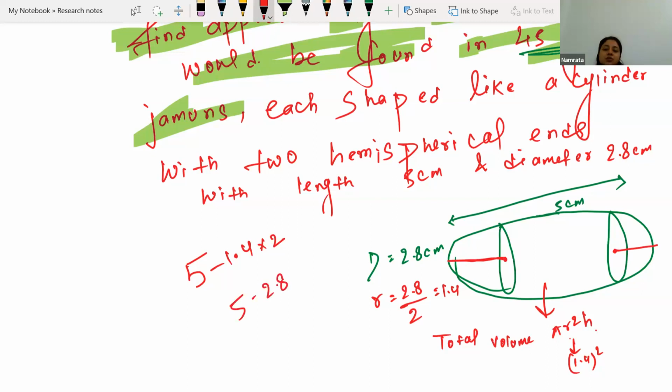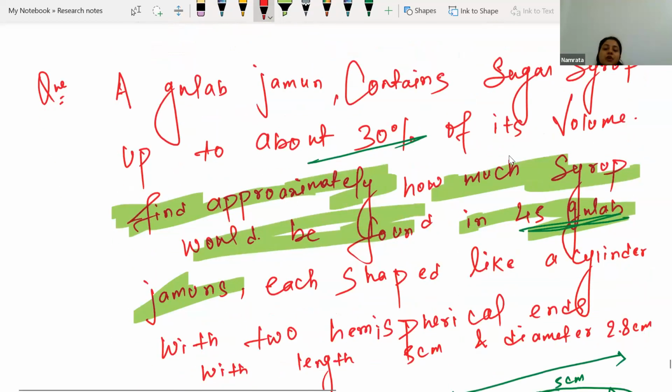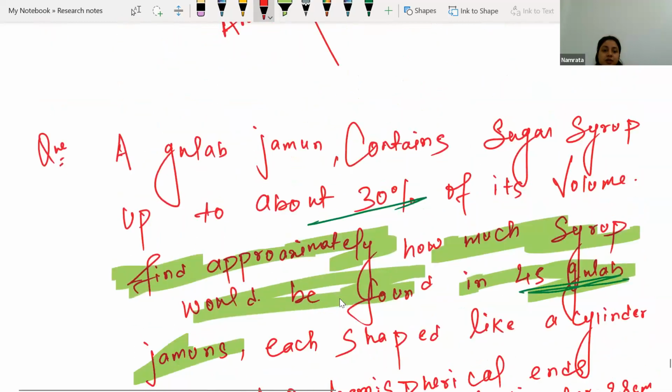Once we find the total volume, we just have to find the volume of 45 gulab jamuns, right? After that, one more step will be there, because it says that the gulab jamun contains sugar syrup up to about 30% of its volume. So 30% of that total volume will be sugar syrup, and we have to find the volume of sugar syrup only.